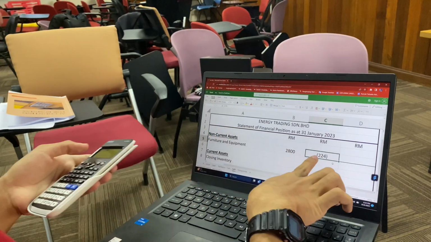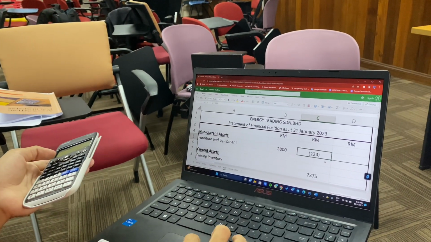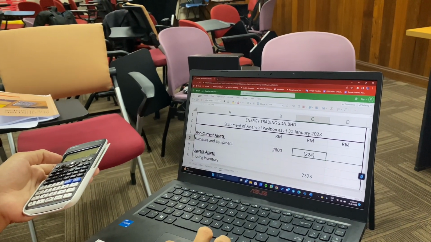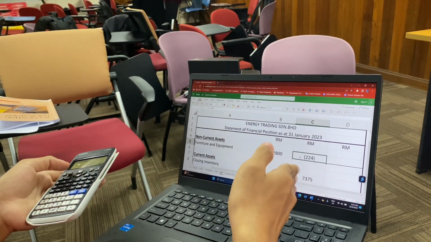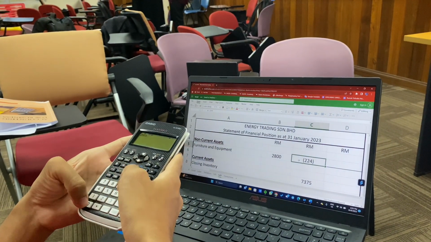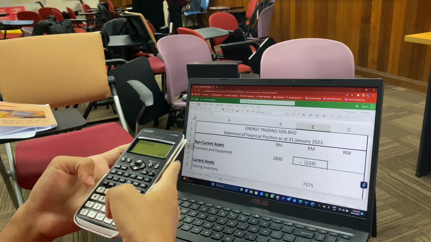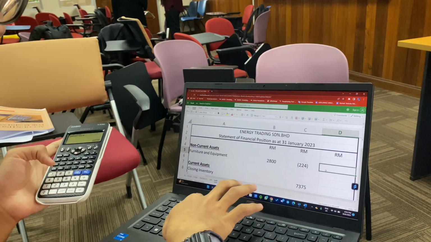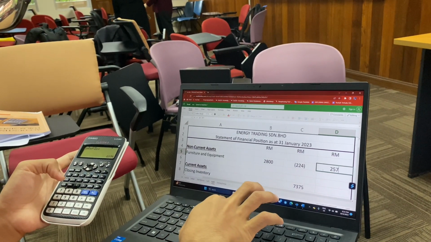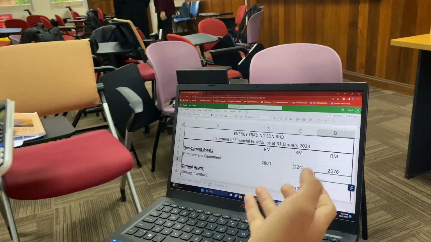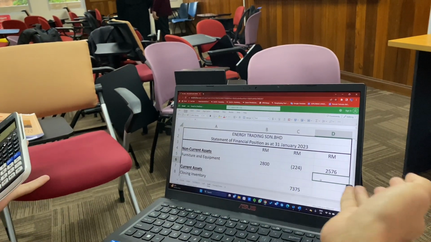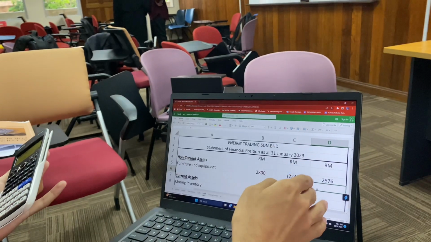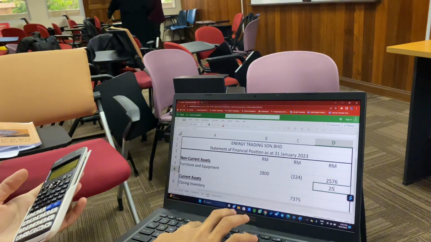So I got 224. Then I minus the total asset with my accumulated depreciation to get the total for non-current asset.